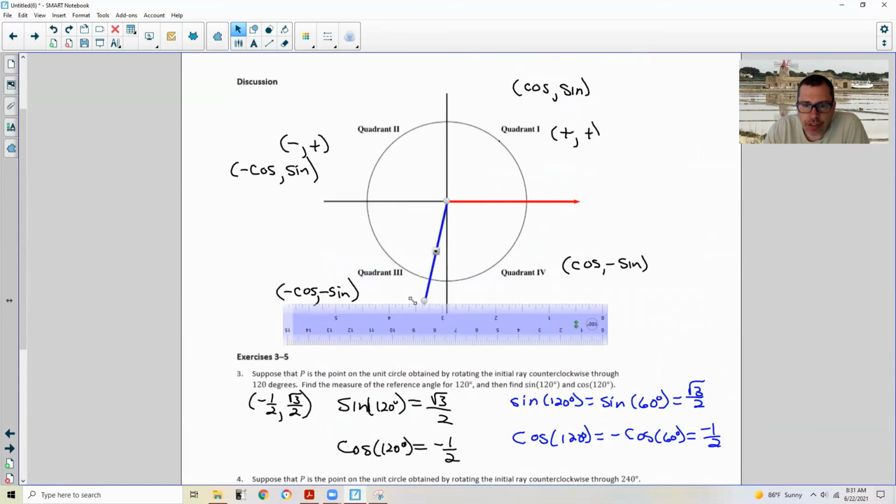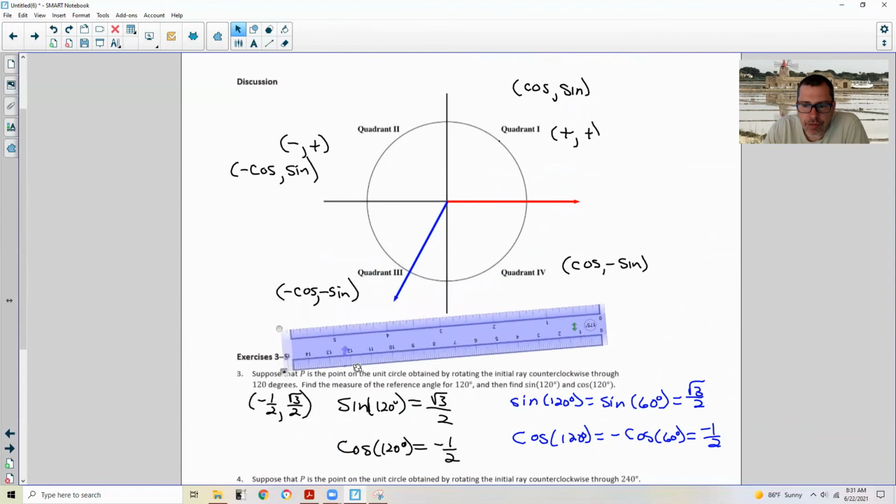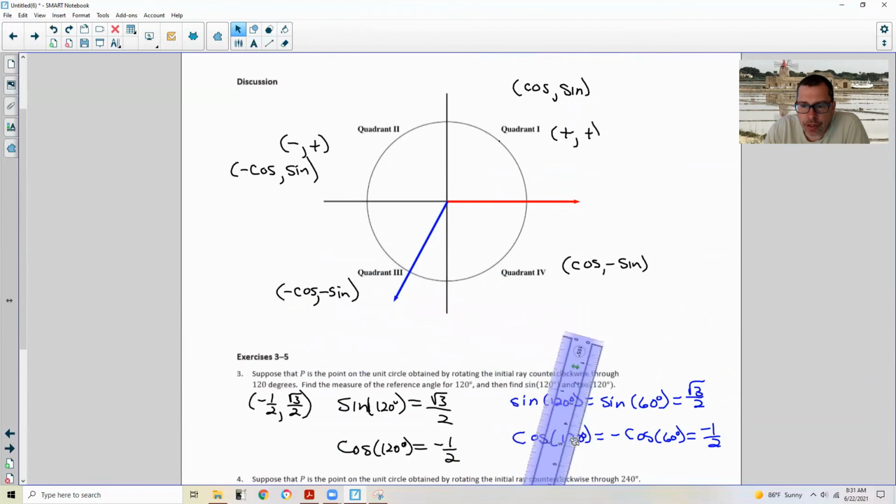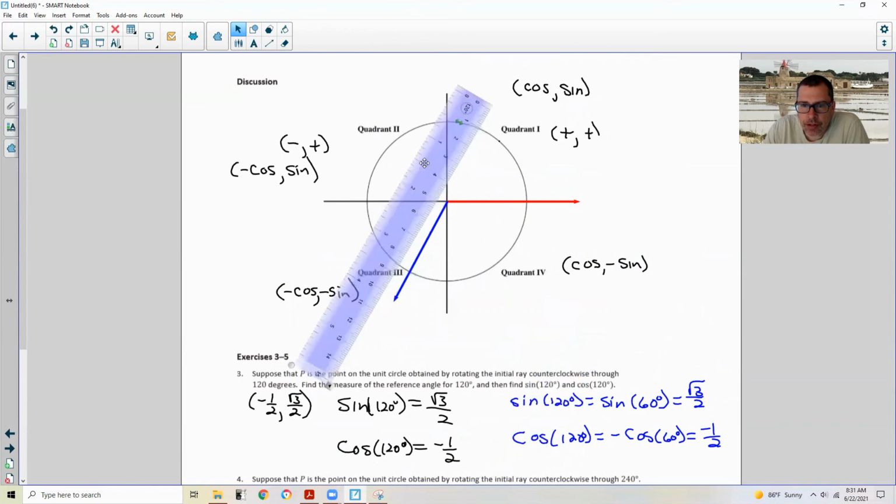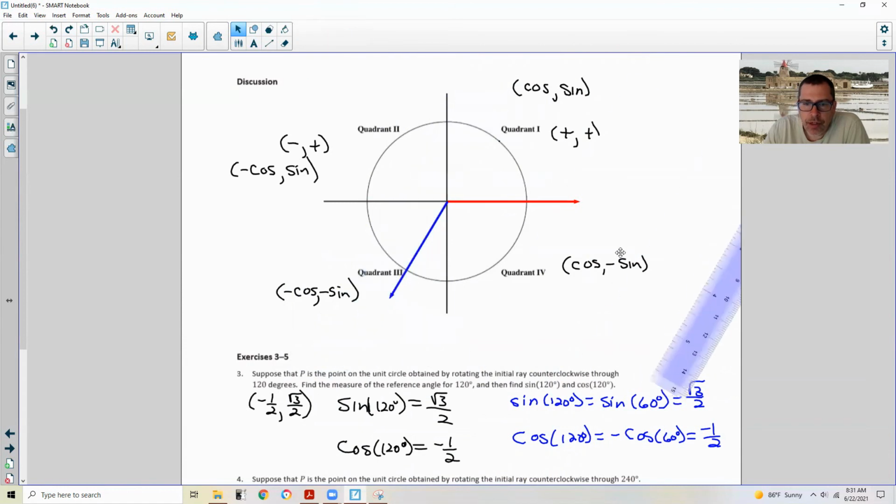This is 270, so I'm going to subtract 30 from 270. So I don't want 90, I want 30 less. 90 plus 30 is 120. Okay, so I want my terminal ray to be right there. Okay, does that make sense?